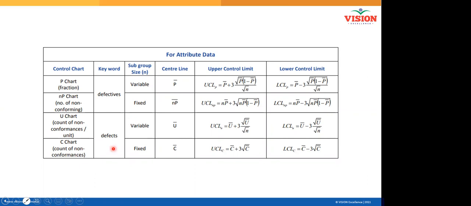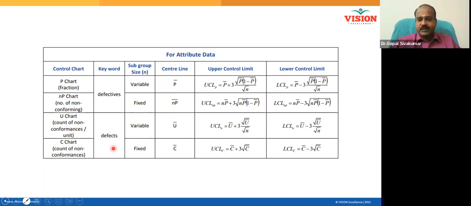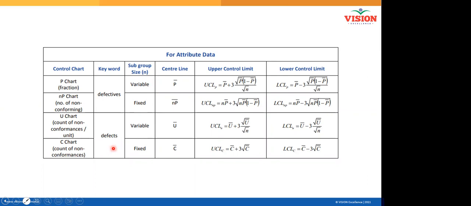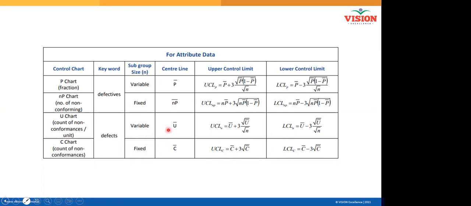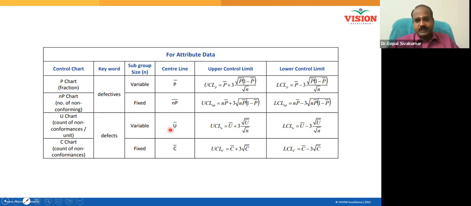Now coming to the attribute data, number of defects. If the subgroup size is fixed, you should go for C chart. If the subgroup size is variable, you should go for U chart. All of you understand?